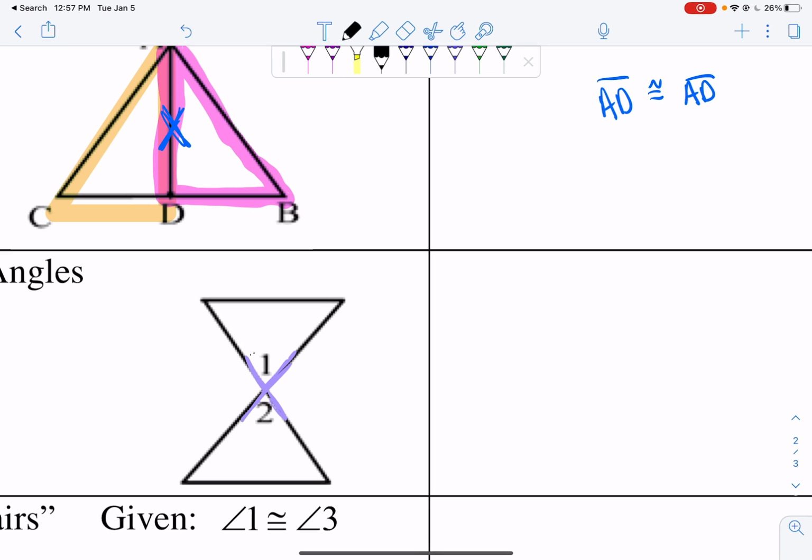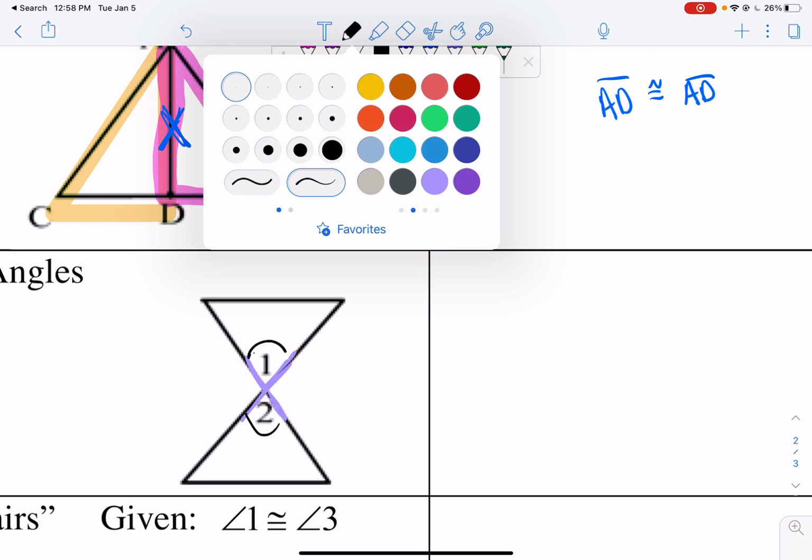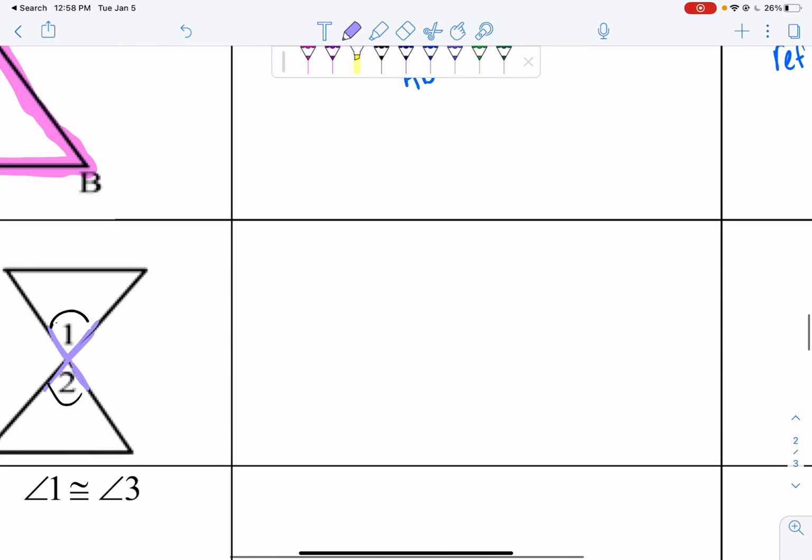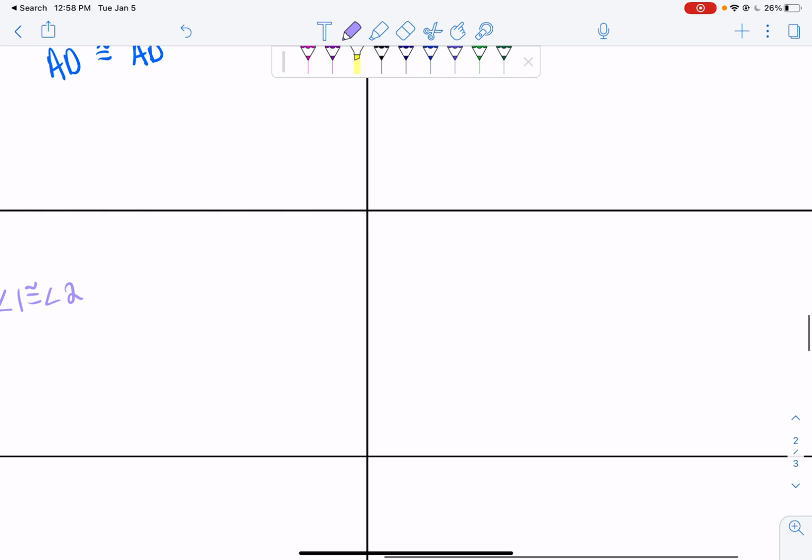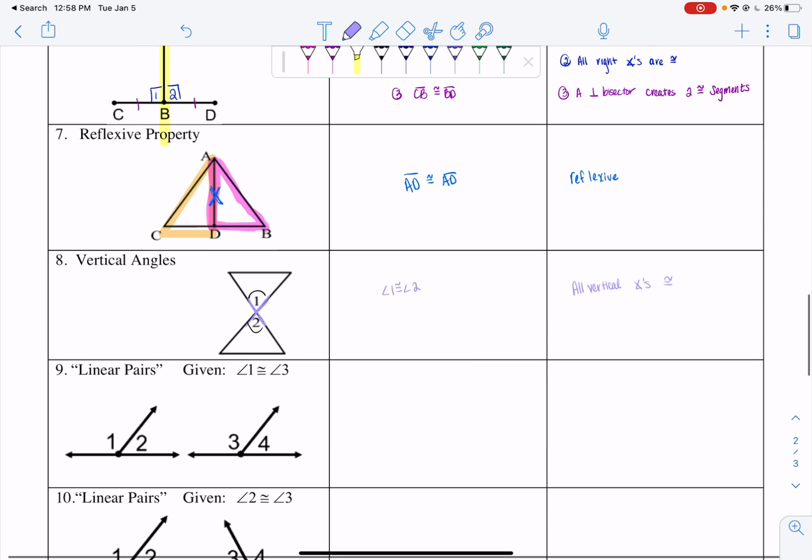So I can say angle 1 congruent to angle 2, and I can just say that all vertical angles are congruent.